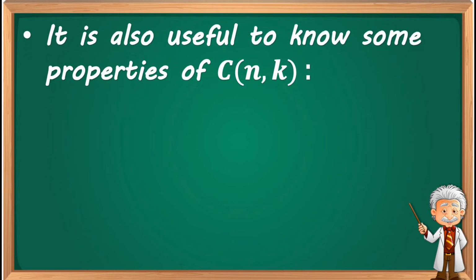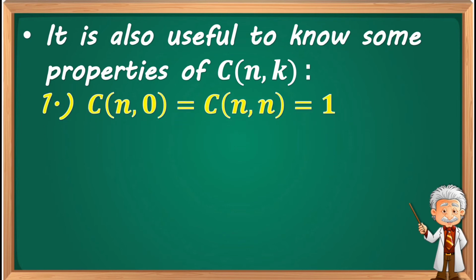Here are the properties of combination for us to merely understand our lesson. Number 1, if nC0 is equal to nCn is equal to 1. Ibig sabihin, pagka si k equal kay 0, equal din siya kapag ang kukunin nating combination ay nn. So, equal to sa 1.